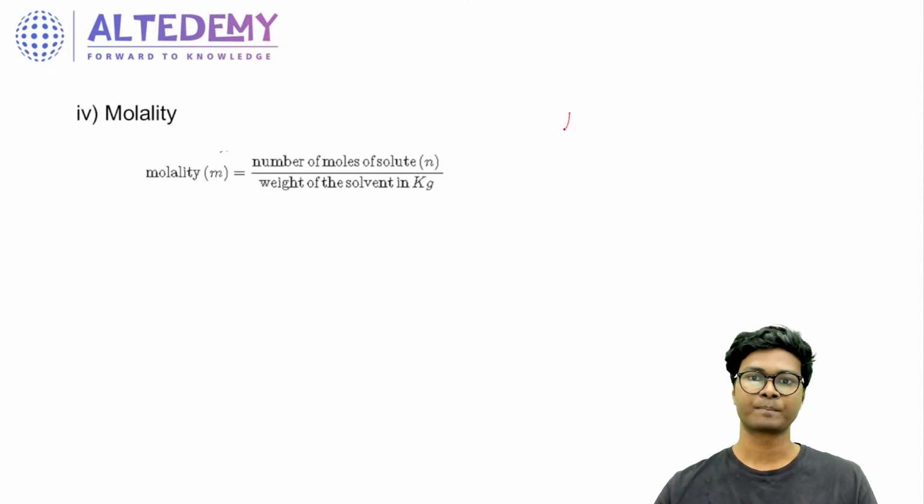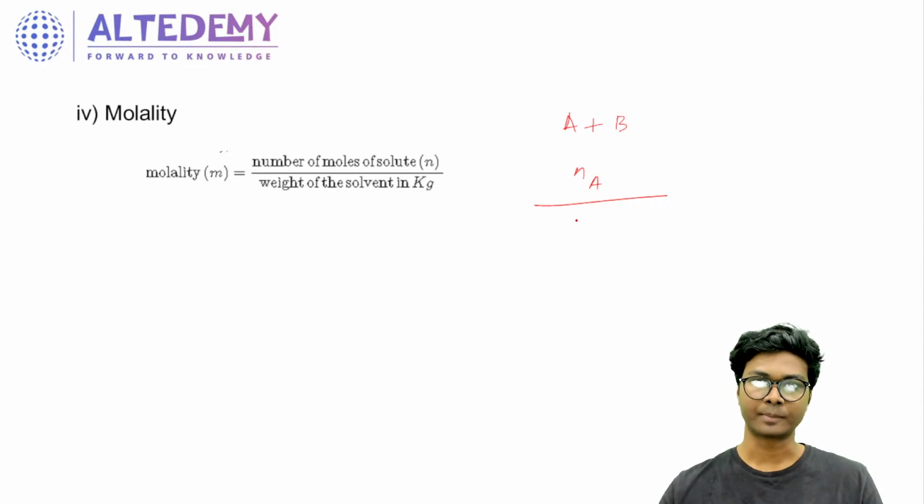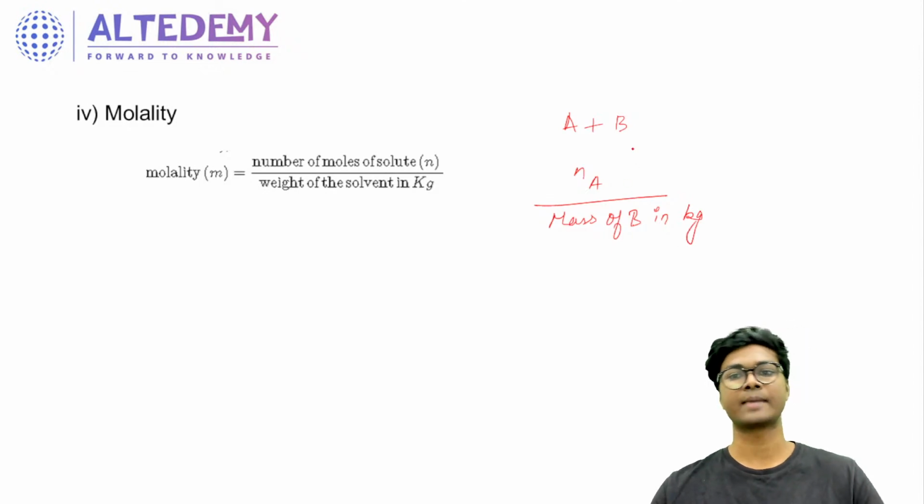Now you understand, like A plus B is the solution, and the number of moles of A is divided by the mass of B in kg. By B I mean the solvent.